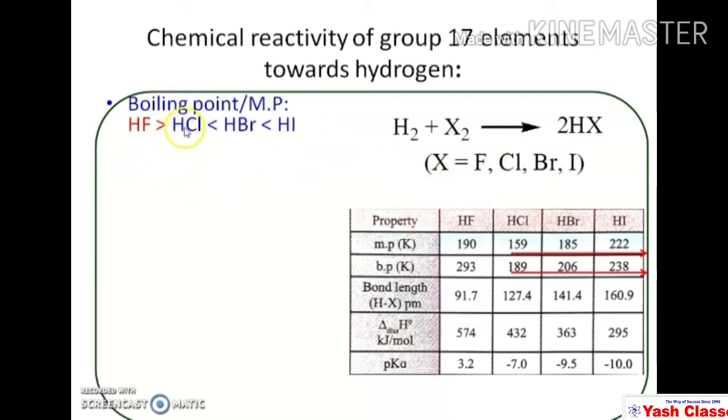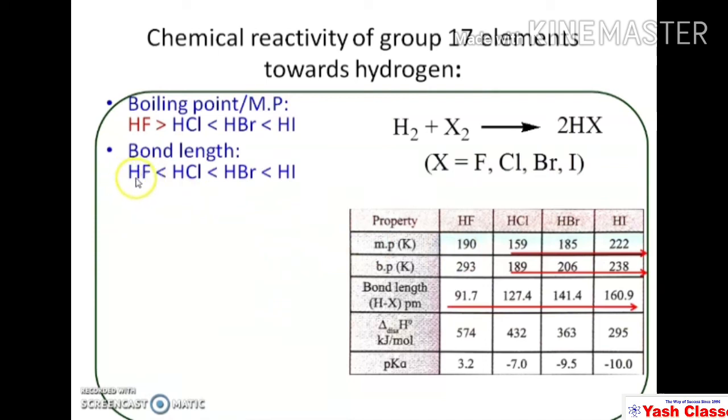So boiling point increases from HCl to HI. Unexpectedly, hydrogen fluoride has a higher boiling point as compared to other hydrogen halides. So boiling point and melting point increase from HCl to HI, and HF exceptionally has the highest boiling point.